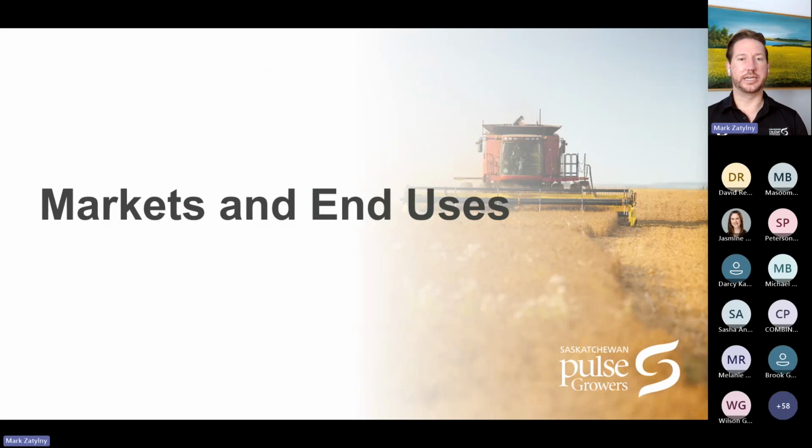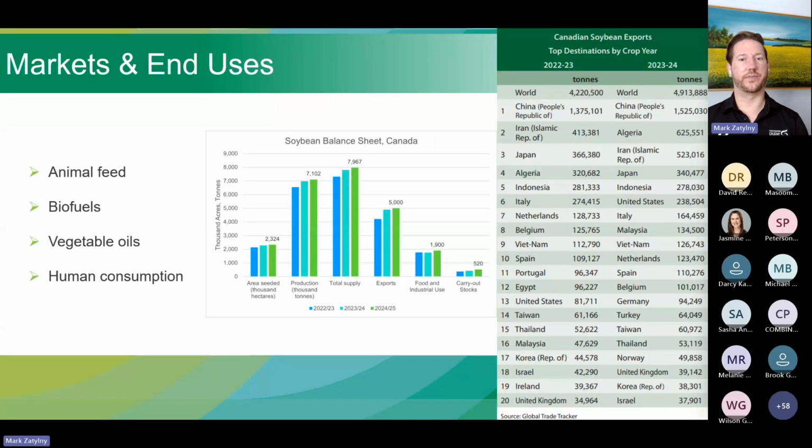As for the markets and end use for soybeans, as I keep saying, it's a very well developed market. Most of Canada's soybean production is exported, about 65% of that, China being the largest buyer of Canadian soybeans. And then we have Algeria, other countries in the Middle East, and then Asian countries as well.